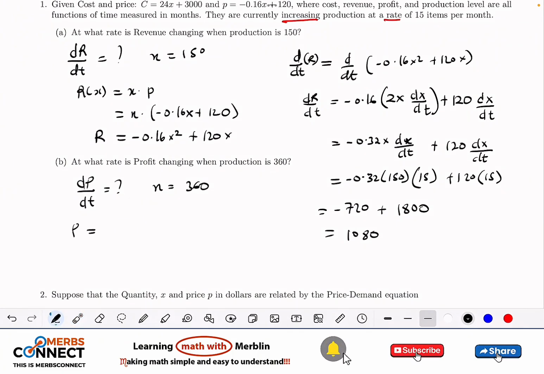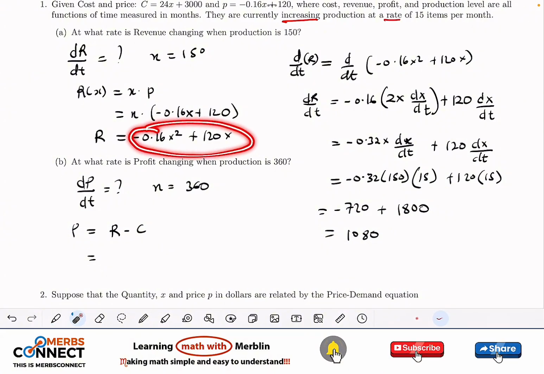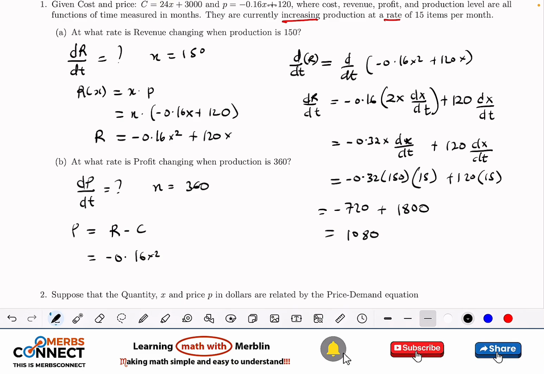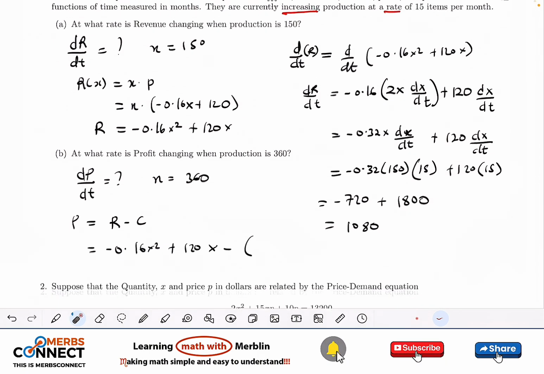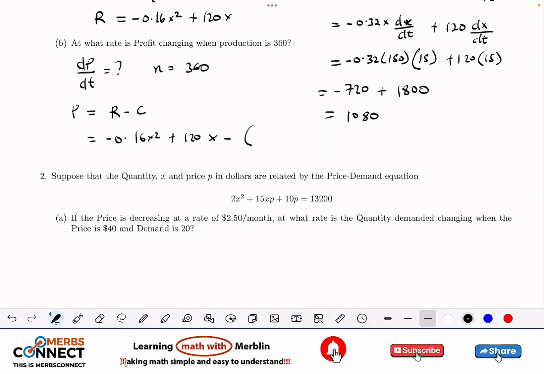Profit is equal to revenue minus cost. Yes. So what did we get for revenue? When we were solving for revenue, this is what we had. So minus 0.16x squared plus 120x minus what is C? C is the cost. Cost is given here, which is this. So we are going to have 24x plus 3000.